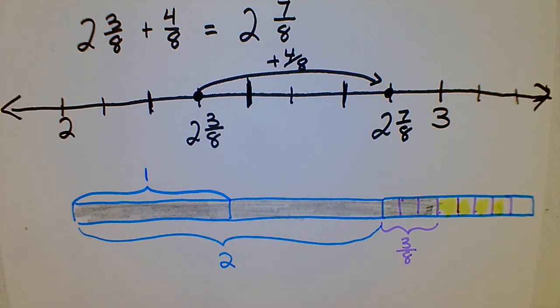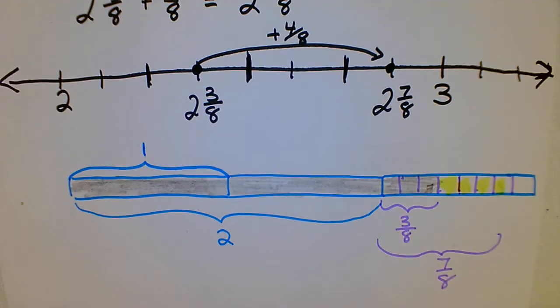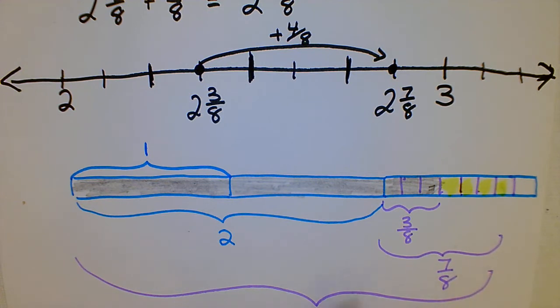And now what you can see is we still have our 2, but now this part here is 1, 2, 3, 4, 5, 6, 7, 8. And again, I'm really just showing this for you to be able to visualize what happened here, so that we end up with 2 and 7/8.